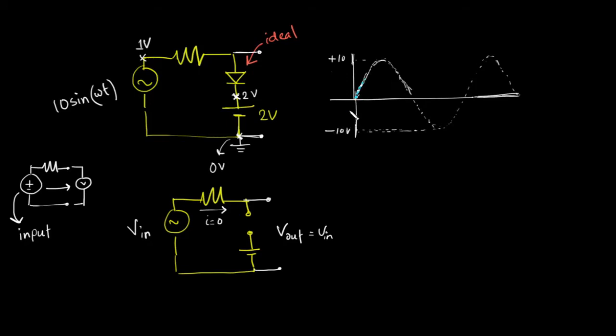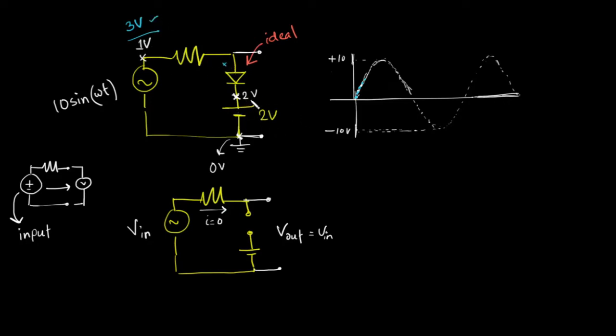Now suppose my input comes to the 2 volt level. Let me write this in blue. My input rises to, let's say, greater than 2 volt. Suppose 3 volt. Now if the input is at 3 volt, can you tell me whether this diode will be on or off? You see, the anode of the diode is connected to a higher voltage than the cathode.